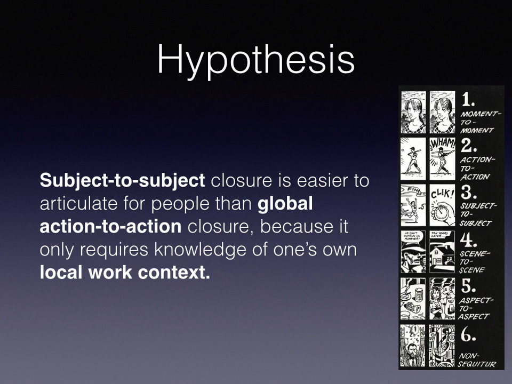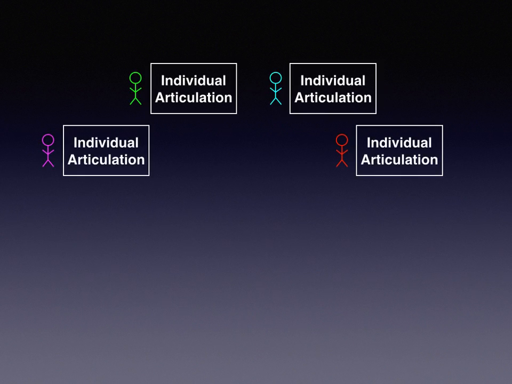So, based on this assumption, we have tried to develop a modeling procedure that accommodates the requirements of those inexperienced modelers and still leads to a valid subject-oriented business process. We do this in two steps. First, we let the people create models of their individual perceptions of what they are doing. We call this individual articulation.